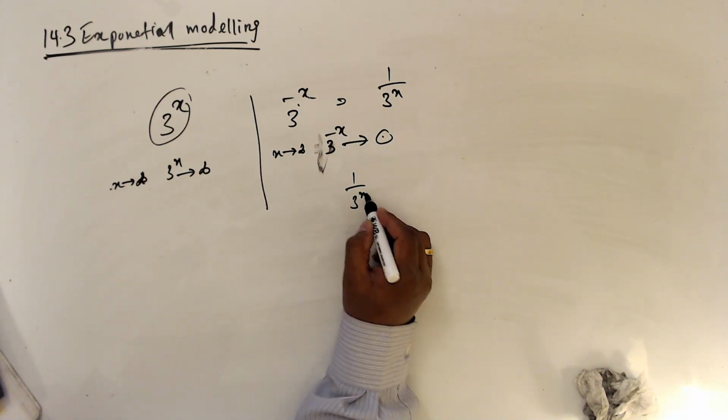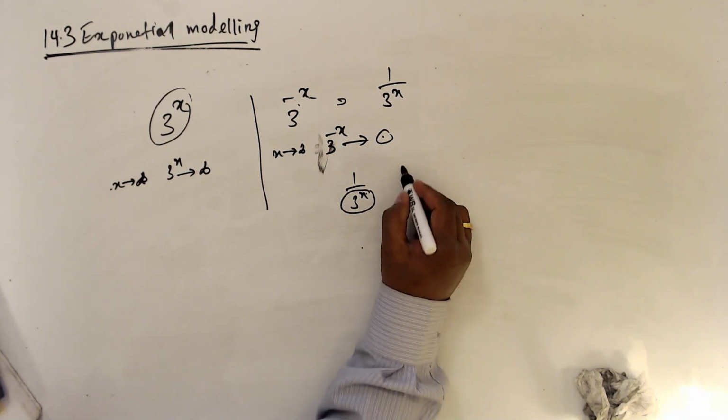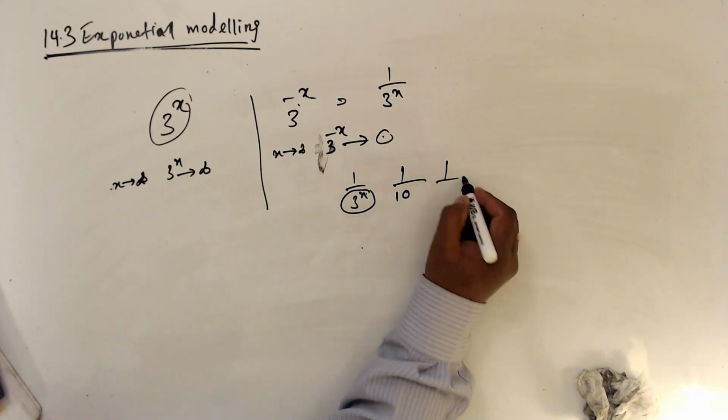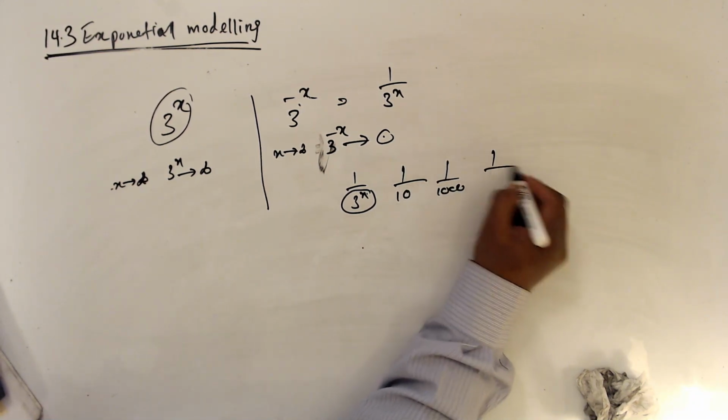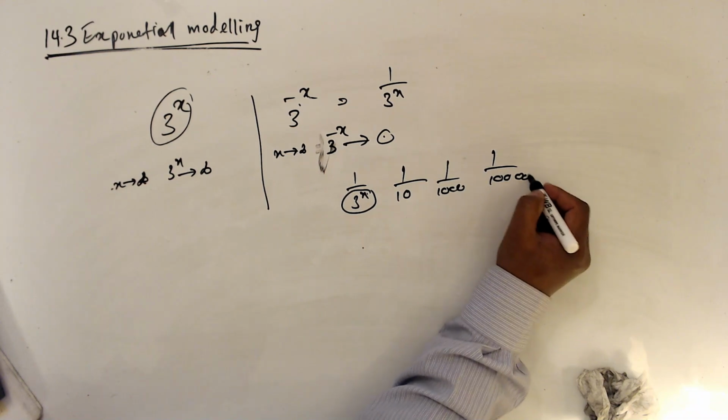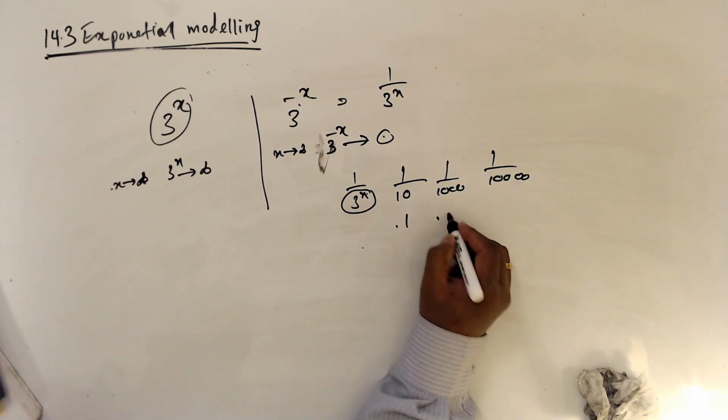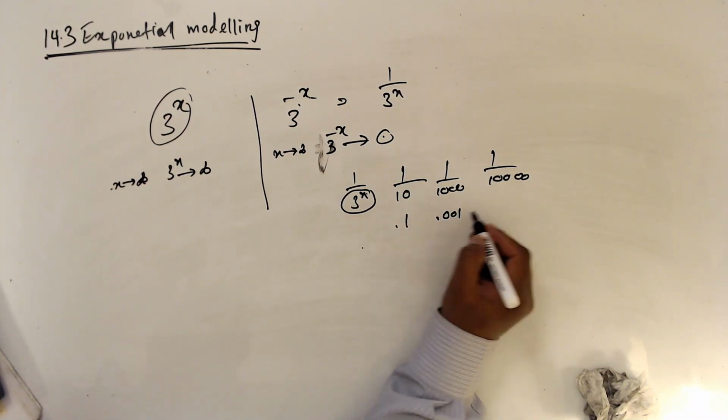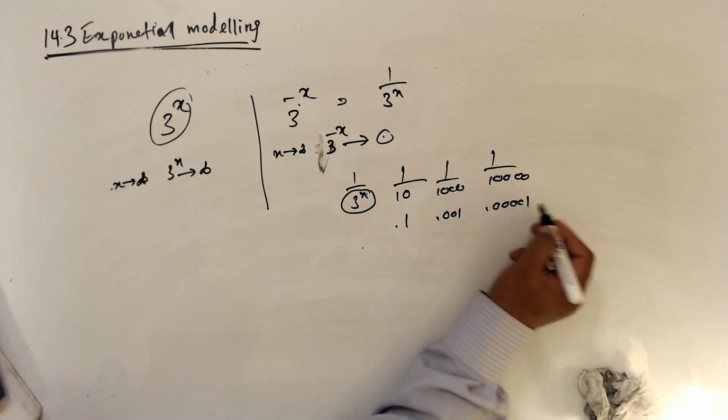Now, when this denominator is getting bigger, like 10,000, this is 0.001.